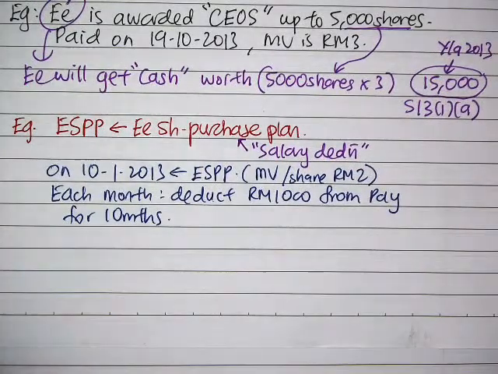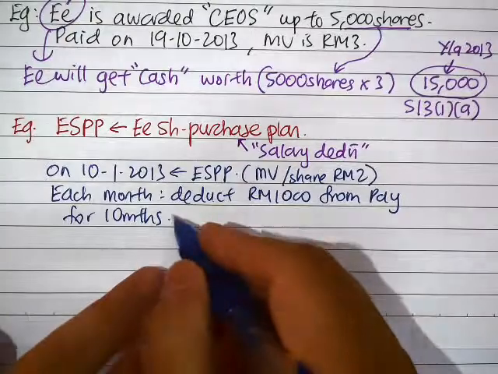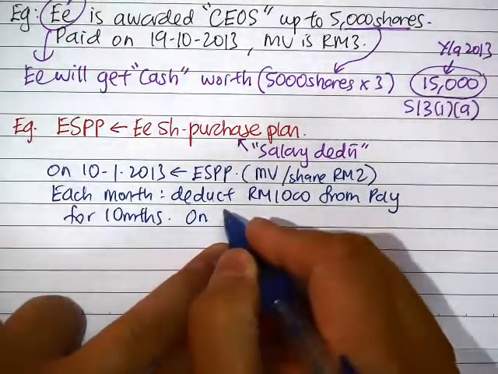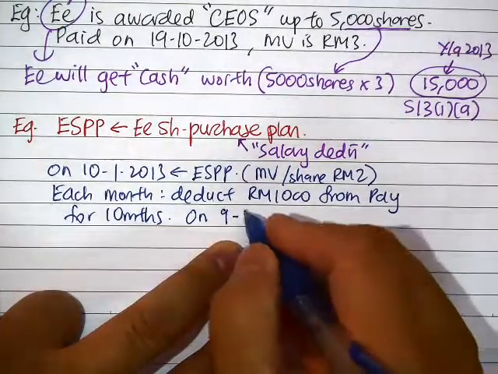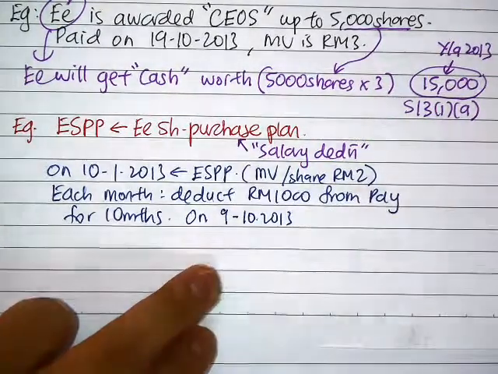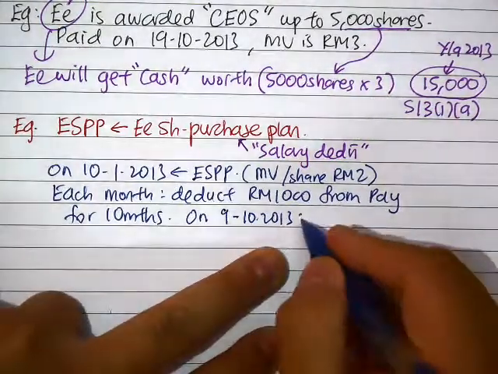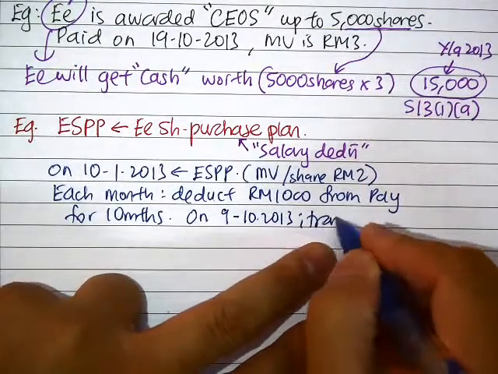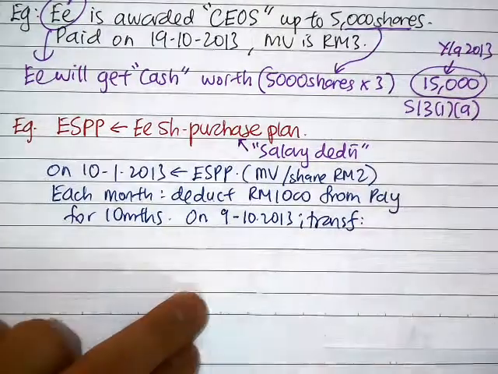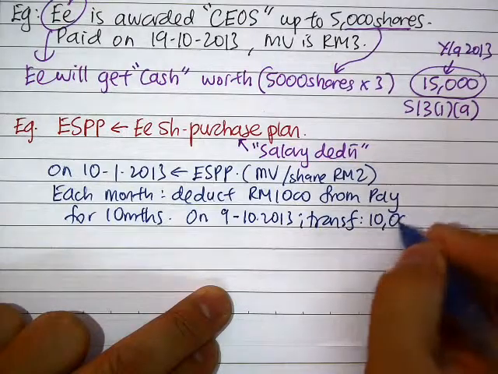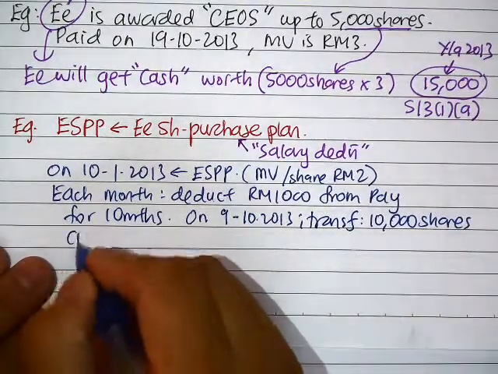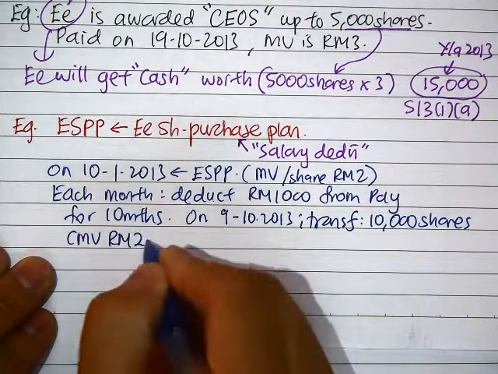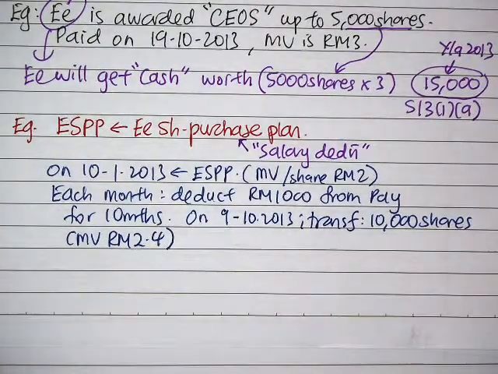So every month they deduct 1,000, 1,000, 1,000 for 10 months. So let's say on the 9th of October, the end of the 10th month, you've been transferred, let's say, 10,000 shares, and at that time the market value is 2.4.